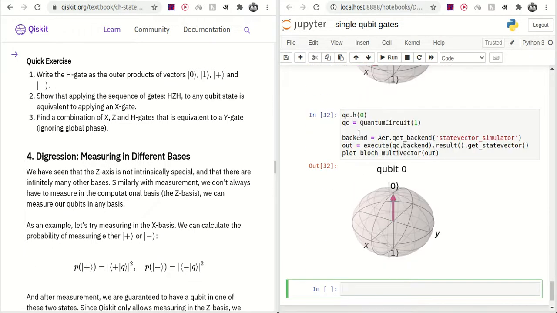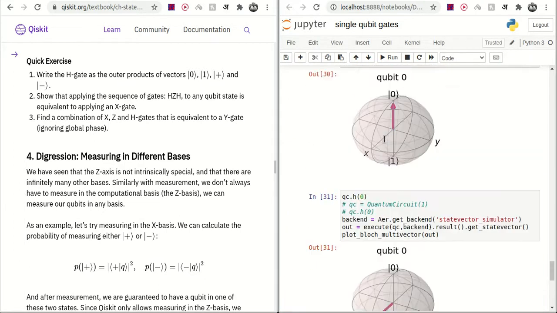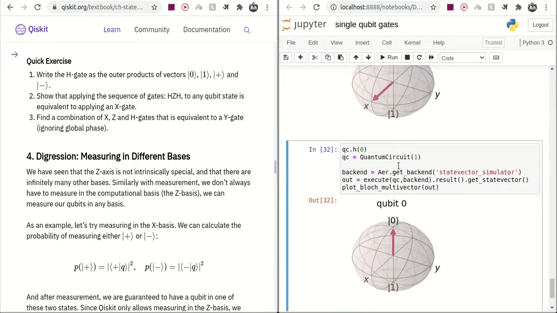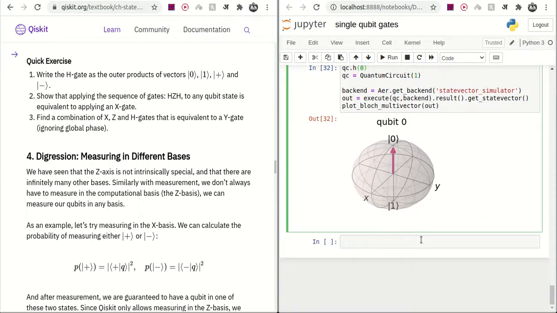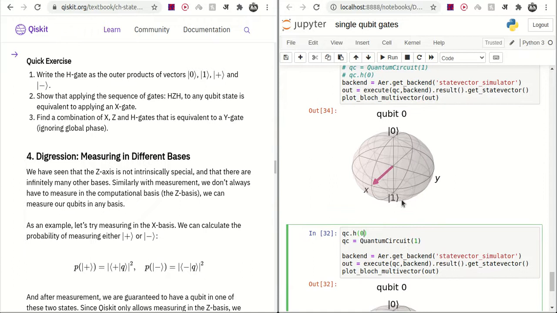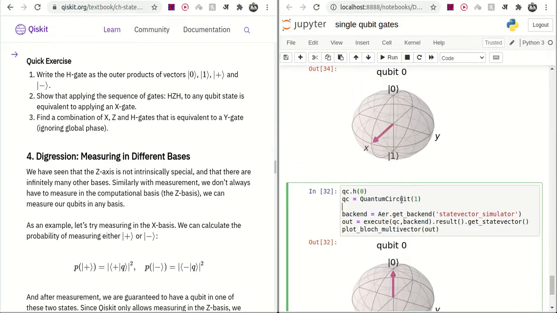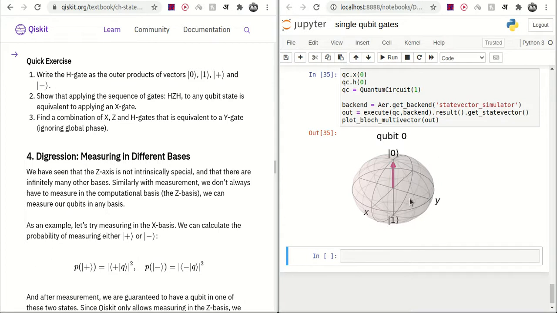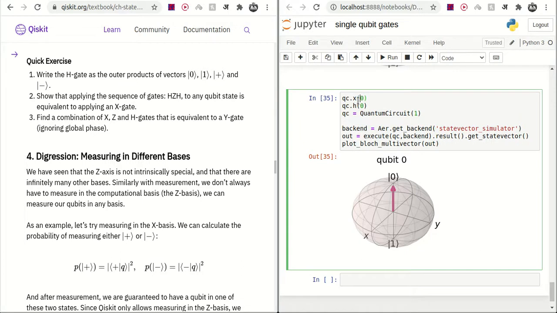Now, suppose we declare a matrix and apply a Hadamard. Before Hadamard, we apply an x operation, qc.x. Since it is already in the x direction, why don't we make it y?